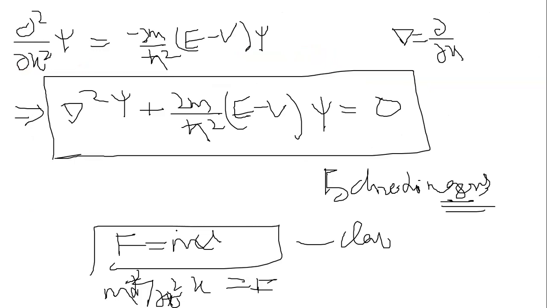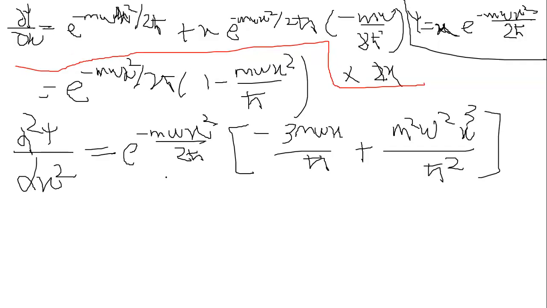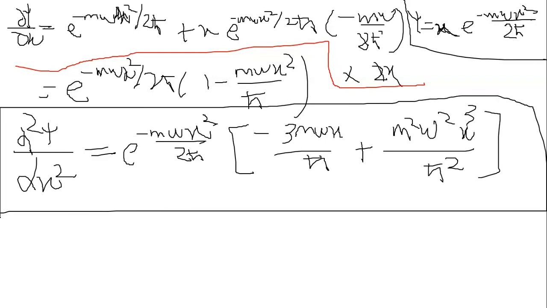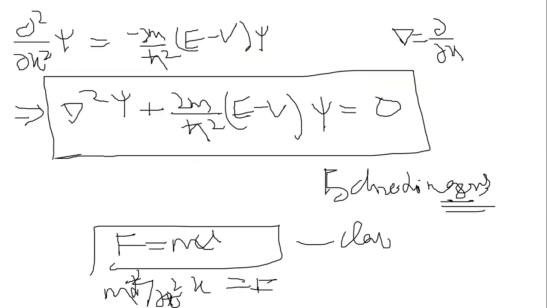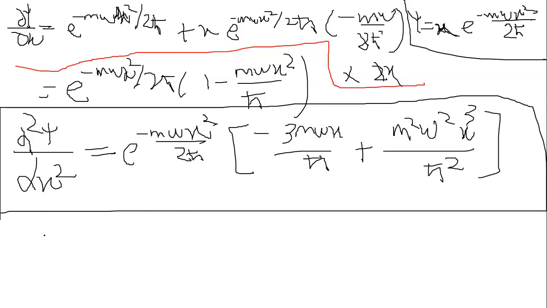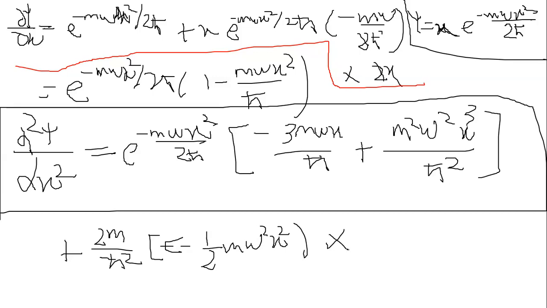So when we put this in this relation, we will first put this. This is del square psi. So del square psi will be 2m by h cross square into e minus V into psi. So del square psi will be this much plus 2m by h cross square into e minus V, which is half m omega square x square, into psi.